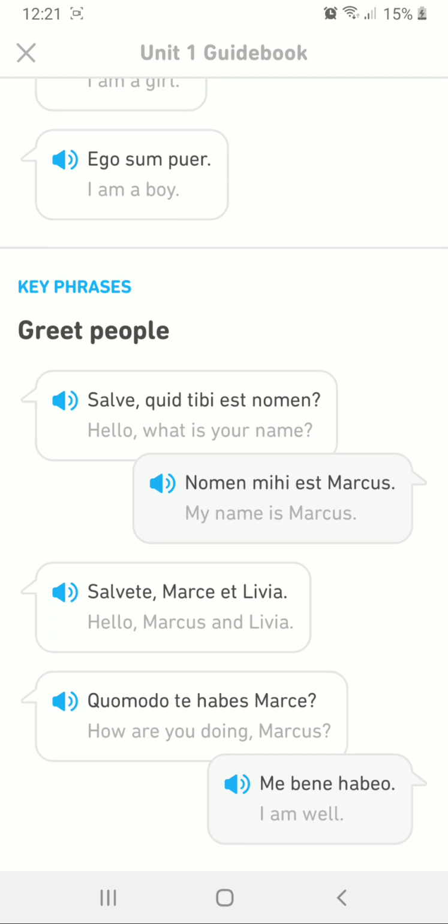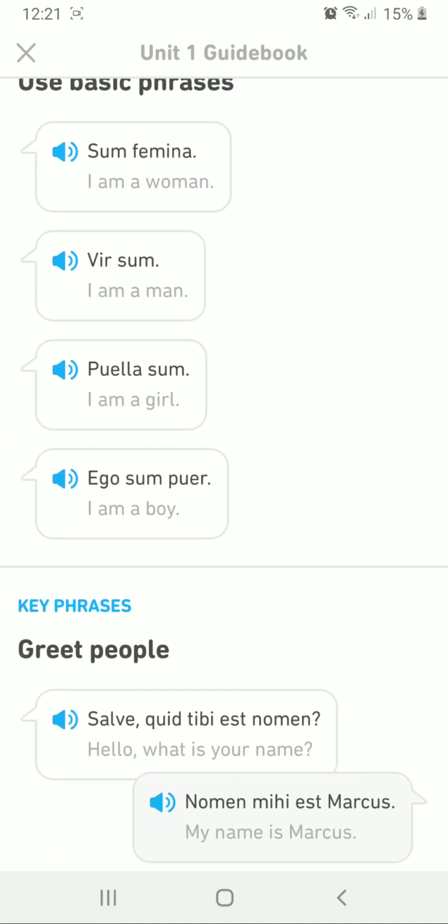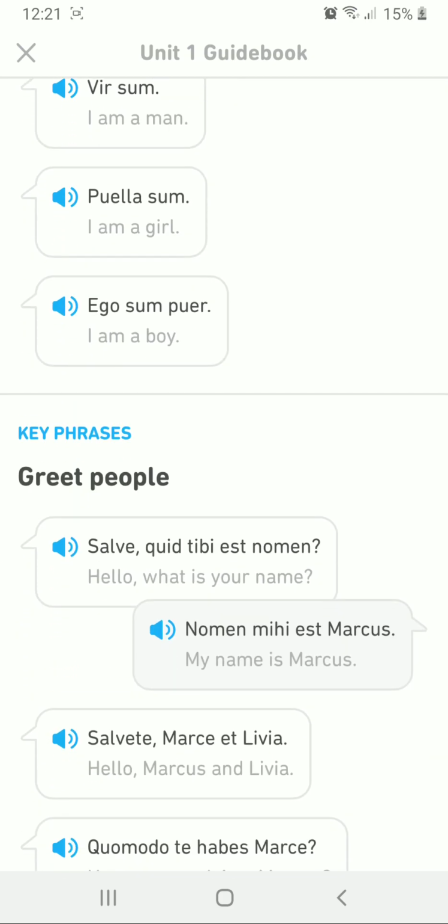We have now learned how to say a man, vir, woman, femina, puella, girl, and puer, a boy. So we also know the first pronoun ego.